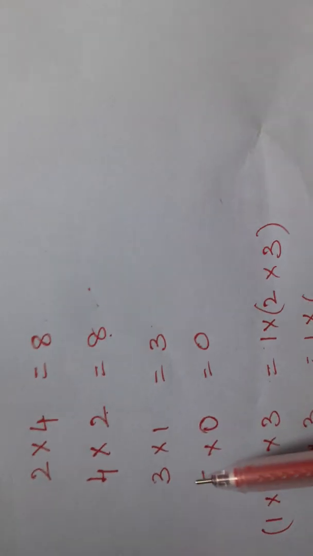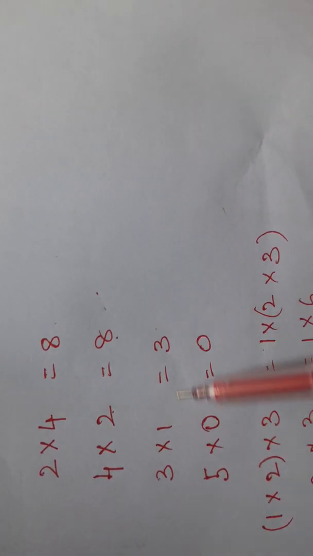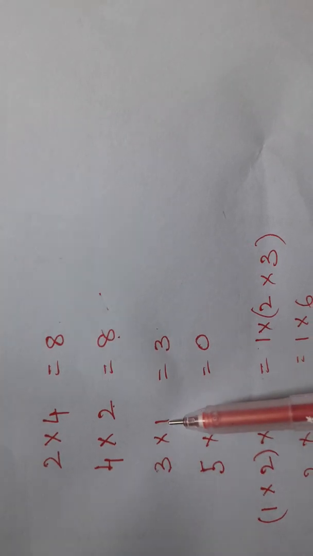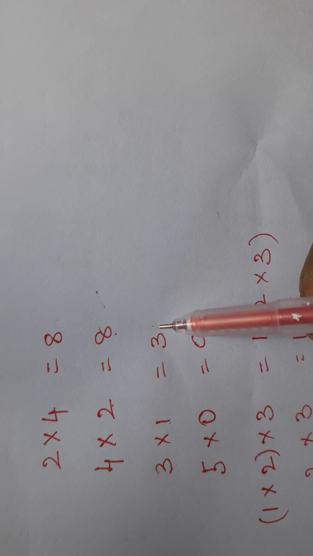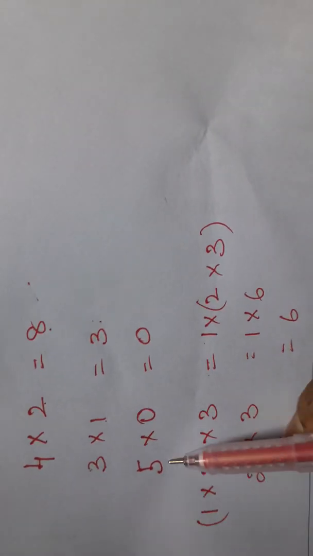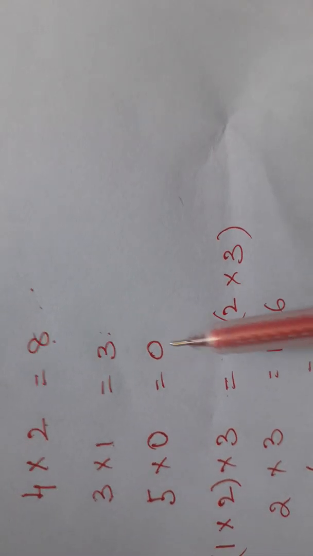Now children, any number multiplied with 1 gives the same number, the number itself, and any number multiplied with 0 is 0.